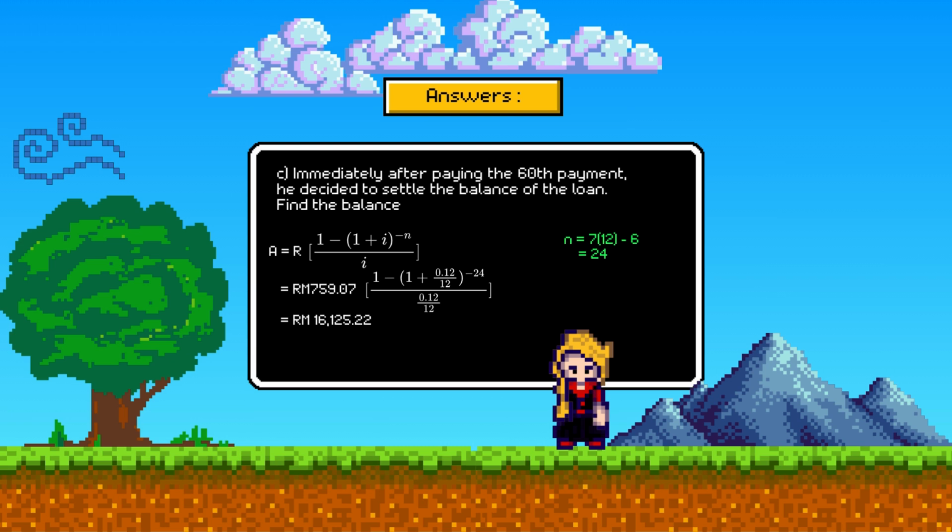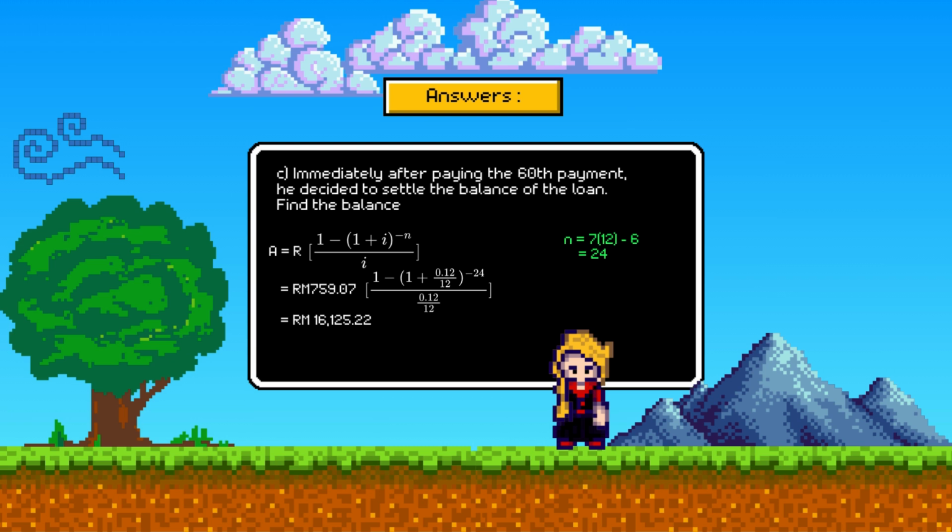Next, question C. Immediately after paying the 60th payment, he decided to settle the balance of the loan. Find the balance. For this question, we use the same formula as in question A earlier. But for R, we use the value of R that we obtained earlier in question A, which is 759 ringgit and 7 cents.